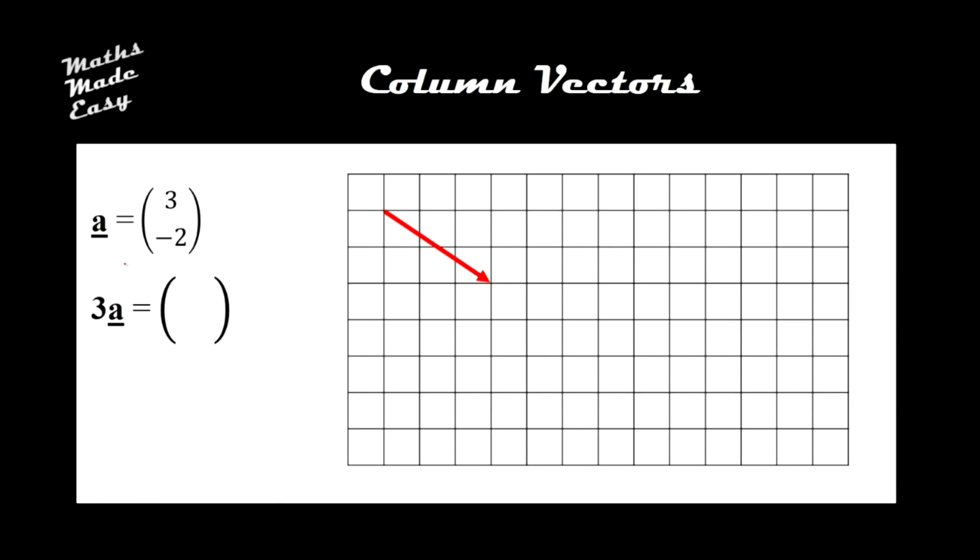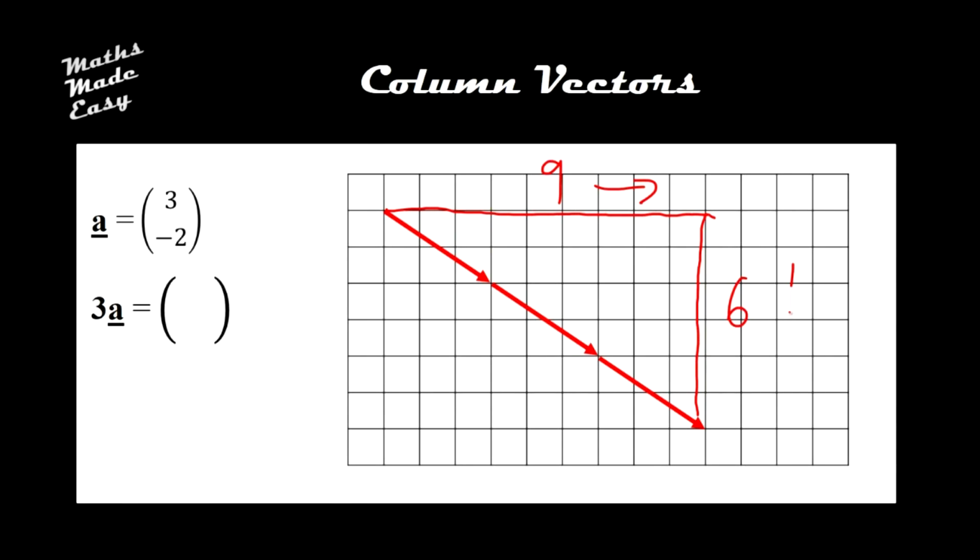What if then I was to do 3 lots of that vector, 3a? Now that corresponds to doing this vector 3 times. So I do it once, and then where I get to I do it again, and then where I get to I do it again. So if this vector here was 3 and then 2, the overall vector, which goes all the way across there and all the way down here, would be 1, 2, 3, 4, 5, 6, 7, 8, 9 squares right, and then 1, 2, 3, 4, 5, 6 squares down.